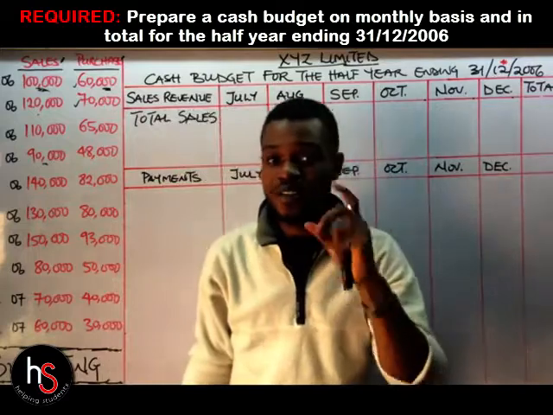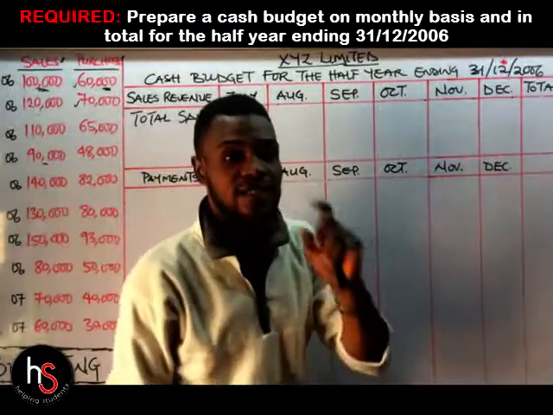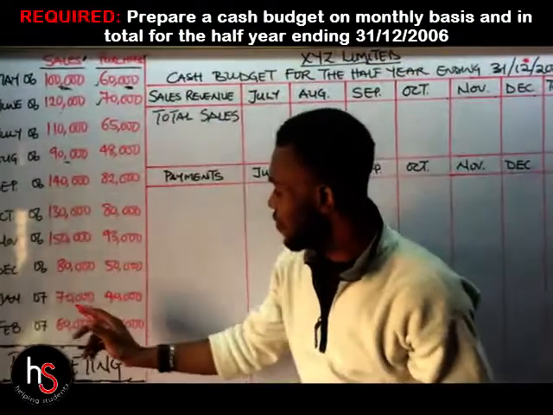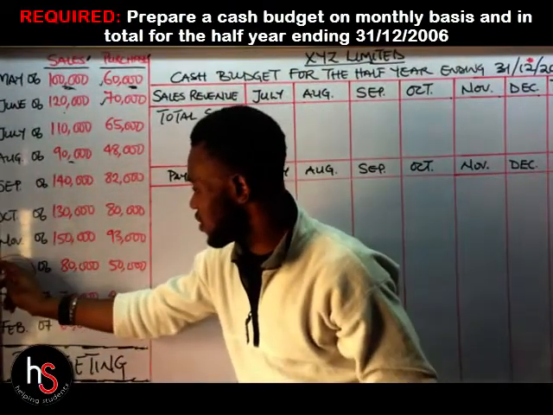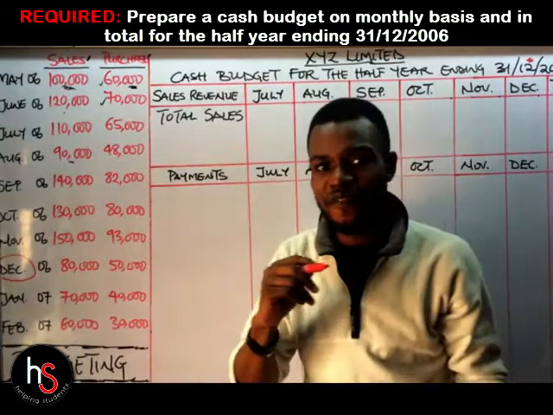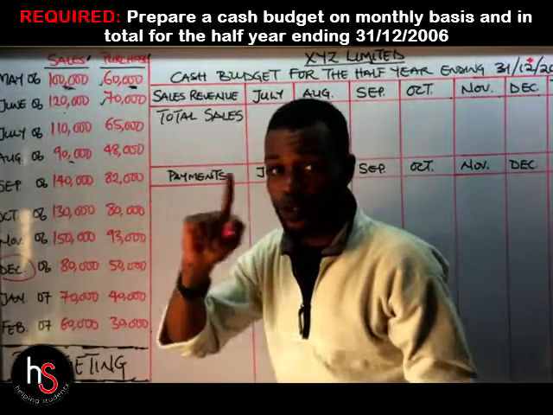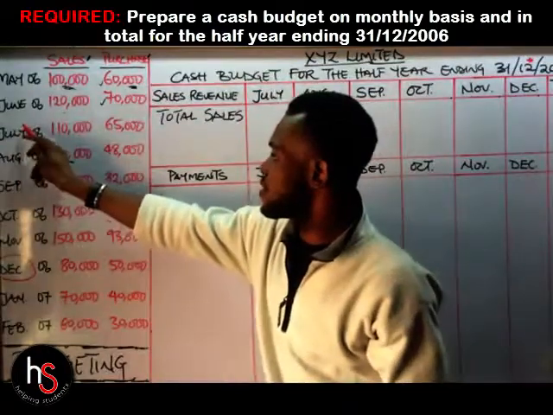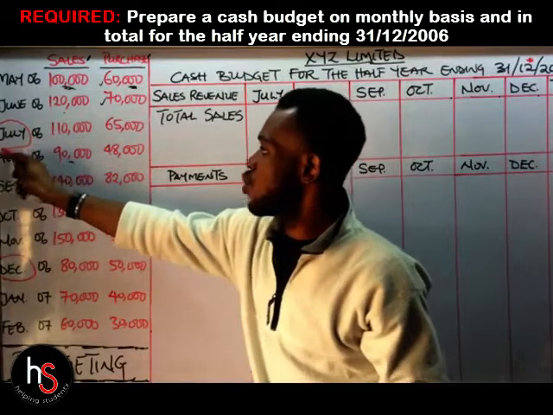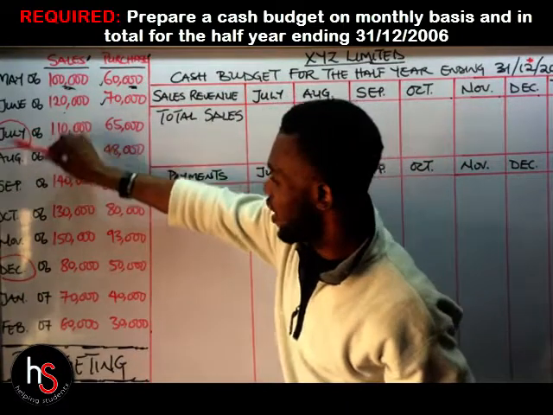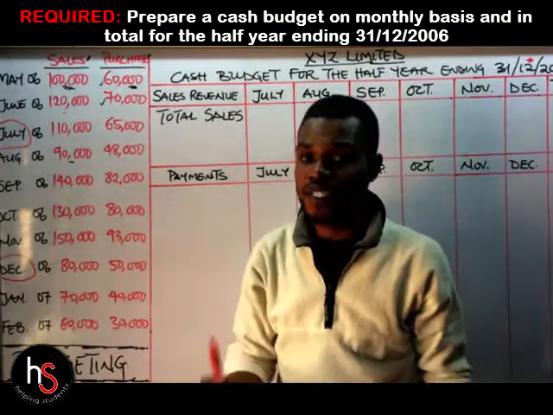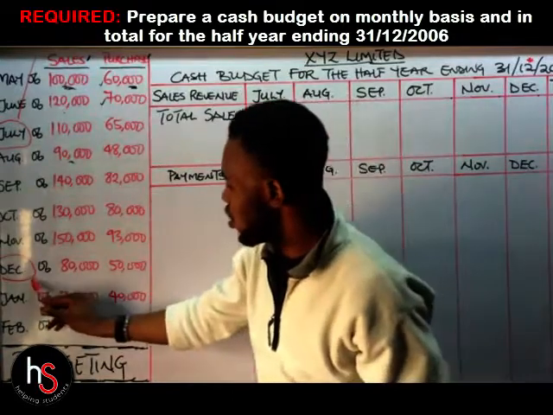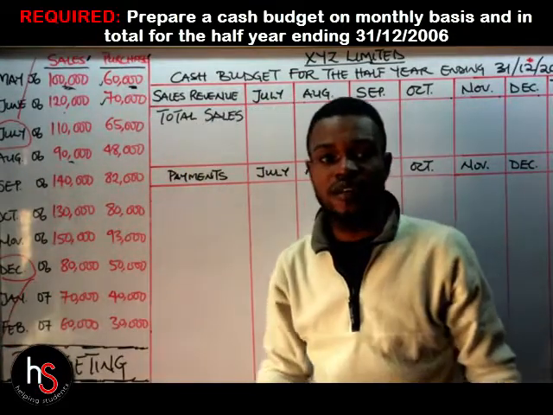Half year has to do with what? 6 months. So since this is December 2006, to get the half year, you start with December, which is 1, 2, 3, 4, 5, 6. It stops here, which tells you that from July to December is our month of significance. So we'll no longer make use of May, June, and we'll no longer need January and February.